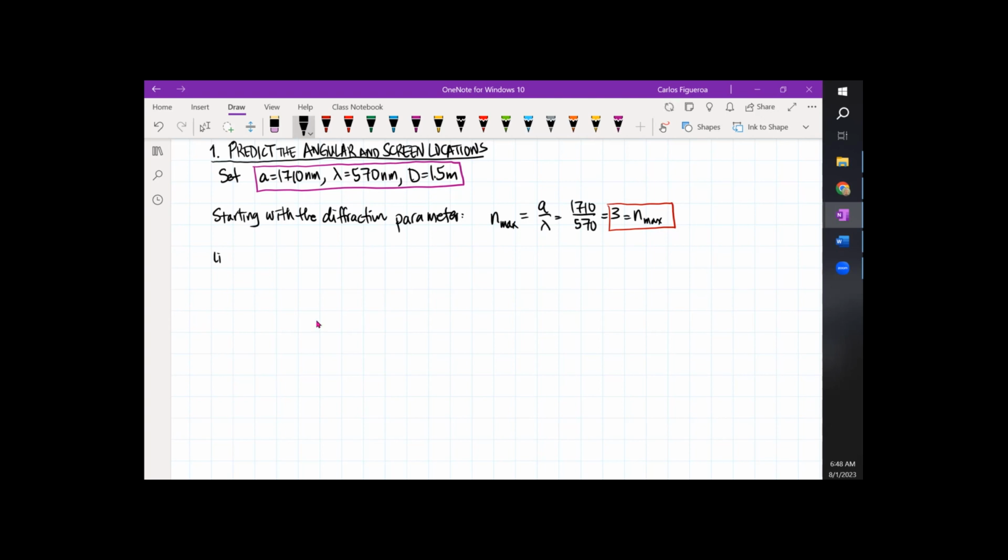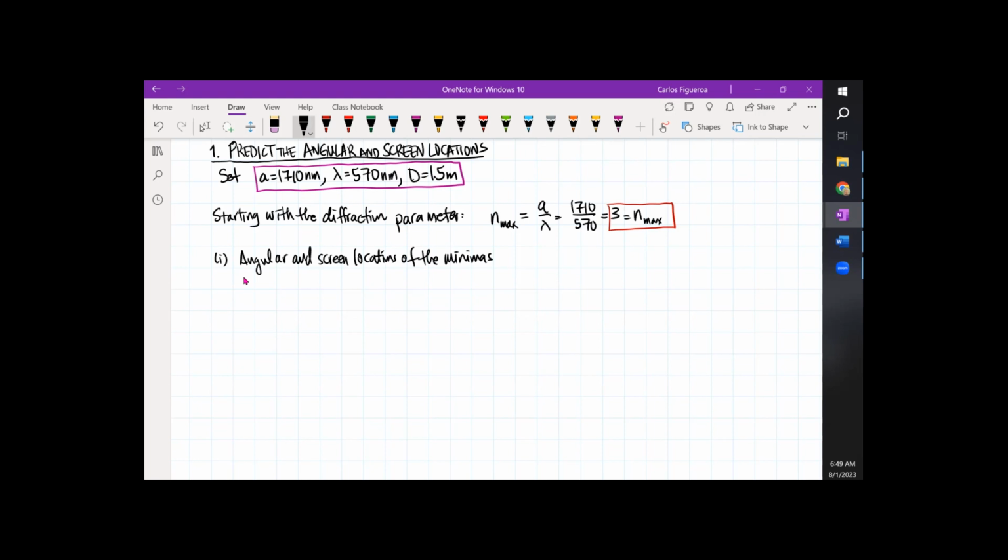So here we go. So the first thing I want to do here is we want to go find, so how do I want to do this? I think the first thing I'm going to do is I want the angular and screen locations of the minimas.